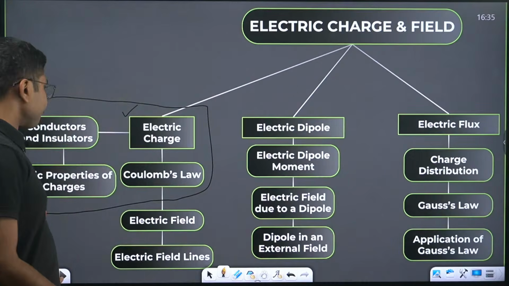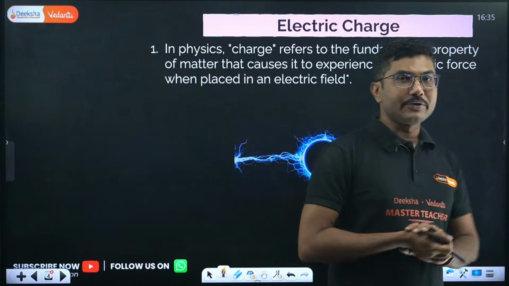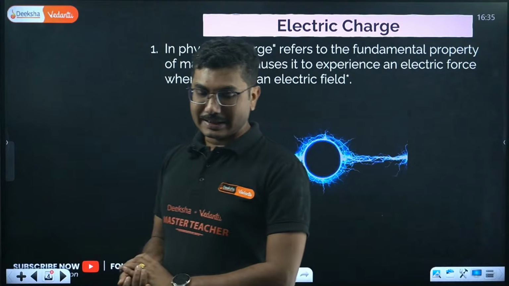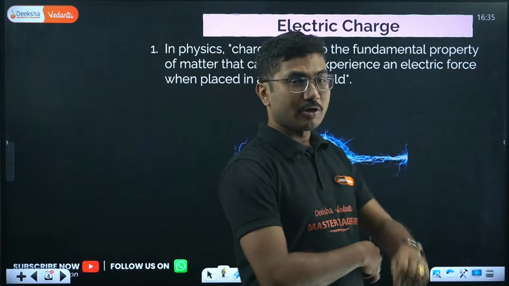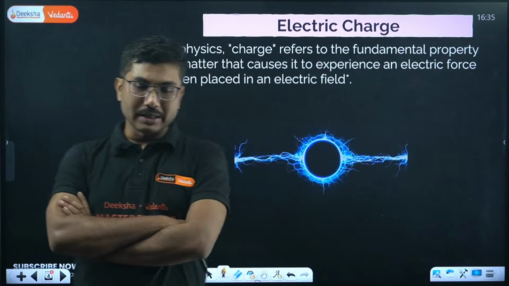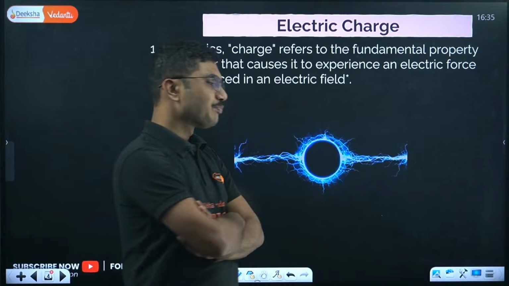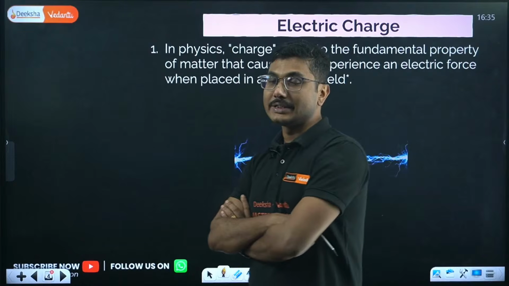So let's start. First is electric charge. Whenever we say electric charge, you always assume that it's either electron or proton, because we already have the idea of electron or proton. But when electric charge itself was discovered in the early 18th century, it was not known what causes these things.